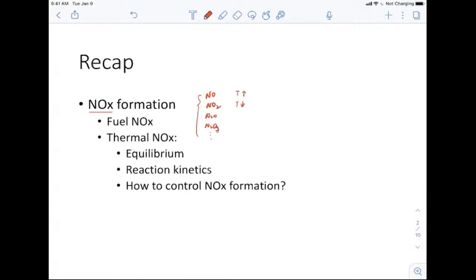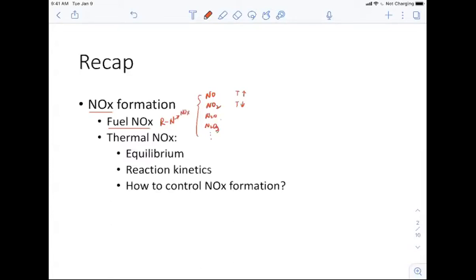But in terms of the mechanism of the NOx formation, there's fuel NOx, which is basically nitrogen that's bonded to the organics. When oxygen is burning the fuel, you're going to convert or release this nitrogen into nitrogen oxides.